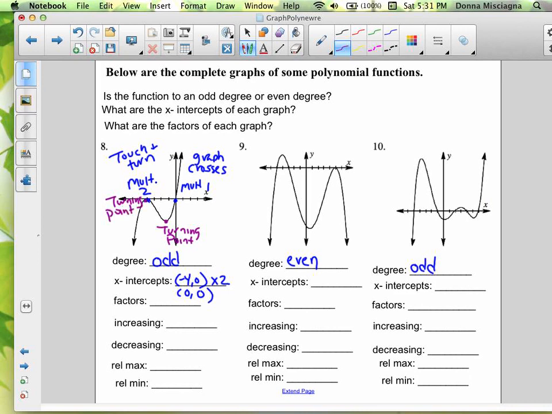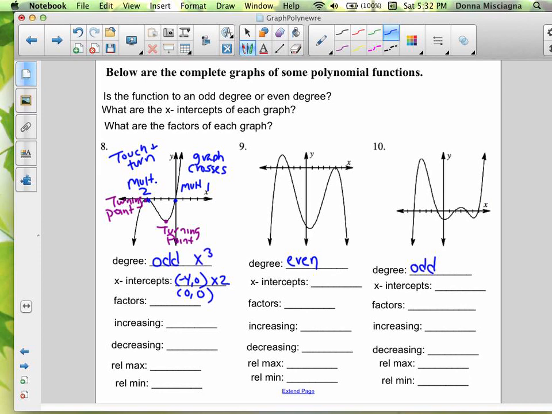So we have 2 places where we have turning points. The number of turning points is going to be at most 1 less than the degree. So if I have 2 turning points, there's no way I could be degree 2, because degree 2 has only 1 turning point. So this is not only odd, this is an x cubed.